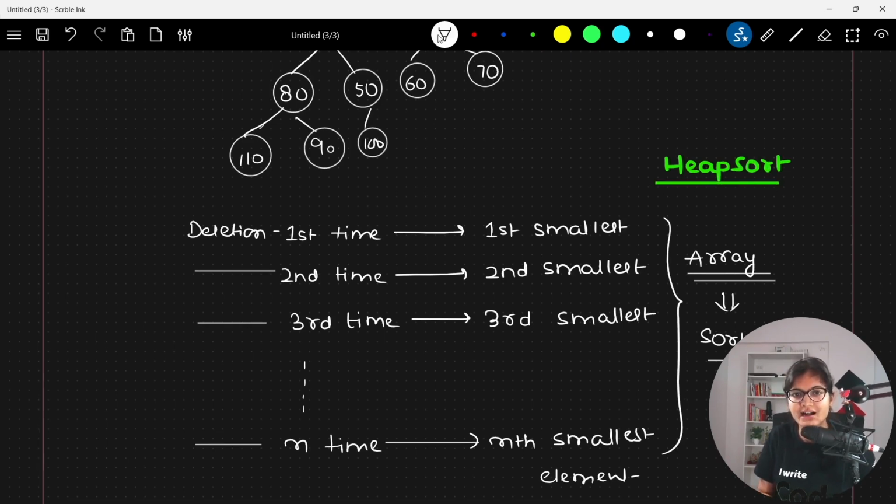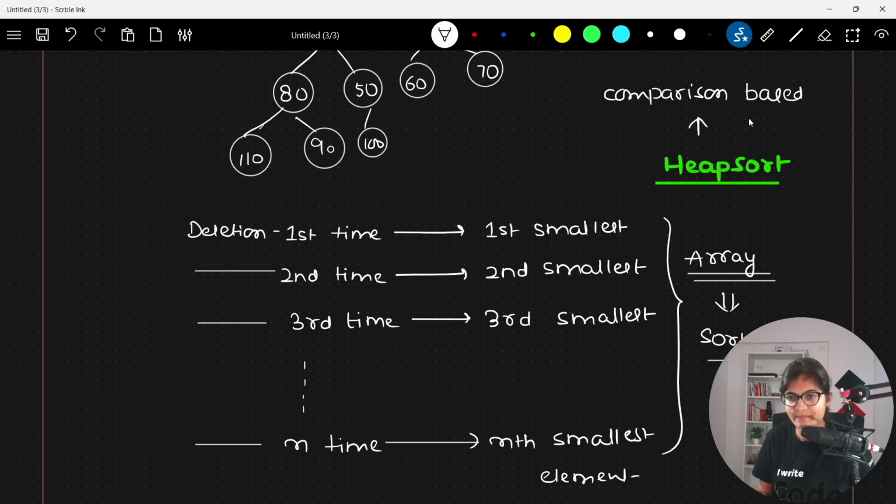Heap sort is another, I would say, comparison based sorting algorithm. It's also a comparison based sorting algorithm, because here also, if you will see, we are comparing the elements again and again.